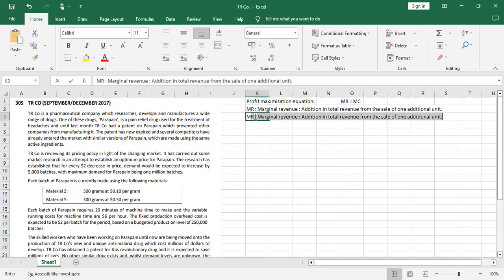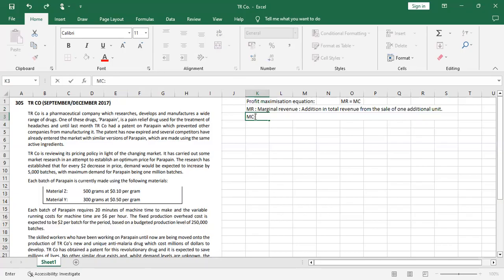Then we have marginal cost. MC stands for marginal cost. Now what is the meaning of marginal cost? Marginal cost also has the same meaning: addition in the total cost due to the production of one additional unit.